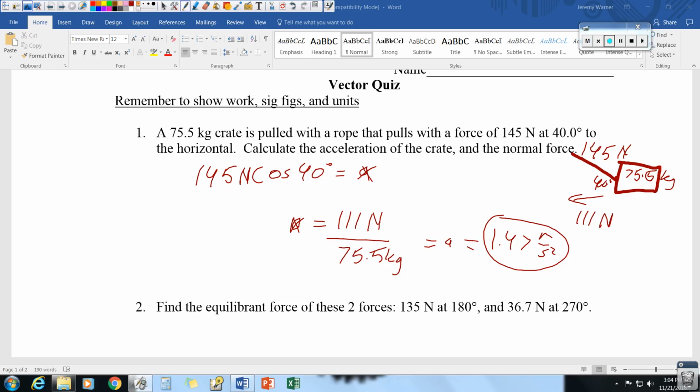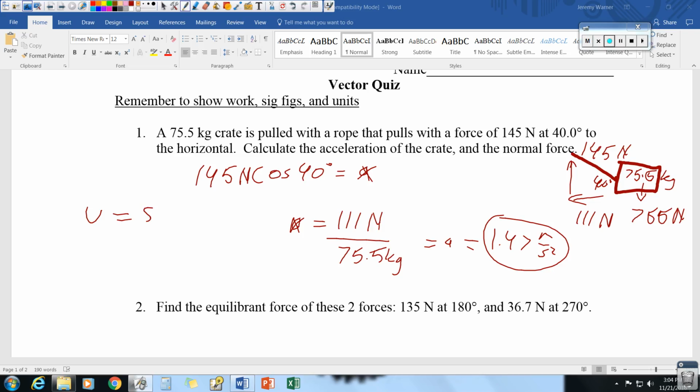The second part now, if you use 10 for gravity, this object will have a weight of 755 newtons. But of course, we are going to exert some upward force as we pull on it with that rope. So, if we wanted to find the upward or the vertical force, we're going to have to use sine because that's the opposite.